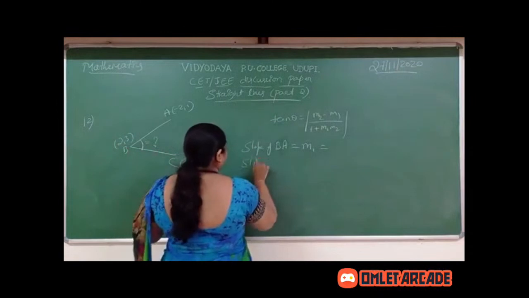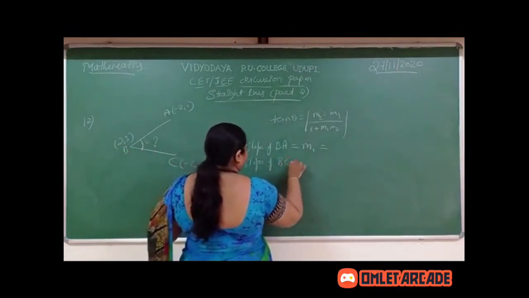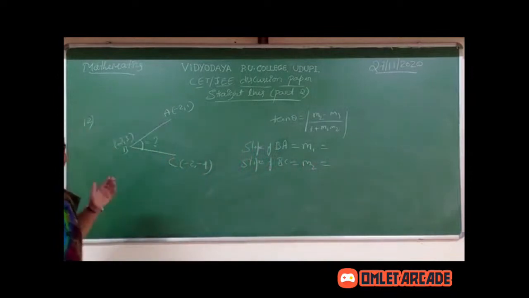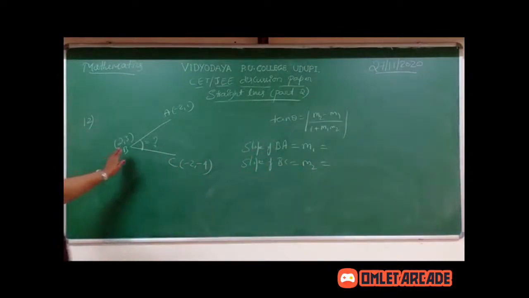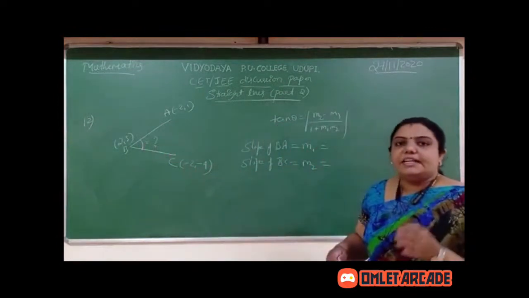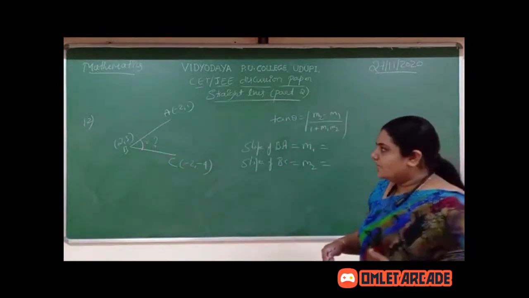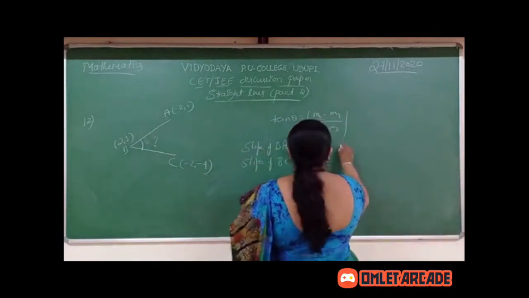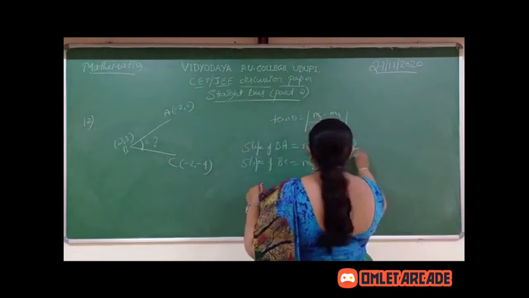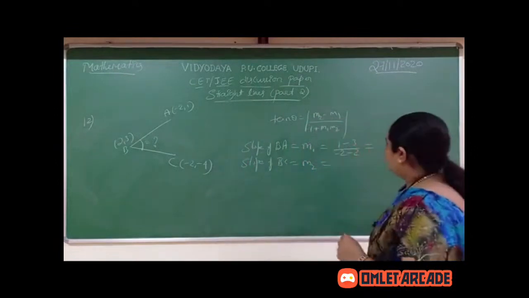Similarly, slope of BC, let me take it as M2. I hope you know how to find the slope when 2 points are known. Slope of BA first. We have the formula (y2 minus y1) divided by (x2 minus x1). I am using that. So can I consider (1 minus 3) divided by (minus 2 minus 2), isn't it?